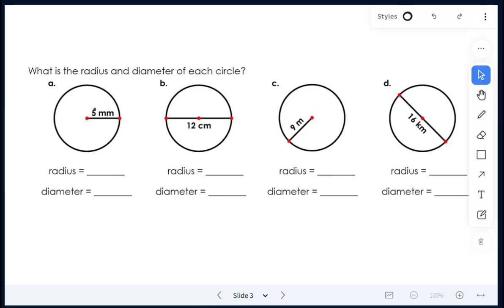All right, so for example, in this example, we have to calculate the radius and the diameter. So radius is going to be 5 millimeters. And if we double that, 5 times 2, our diameter will be 10 millimeters.